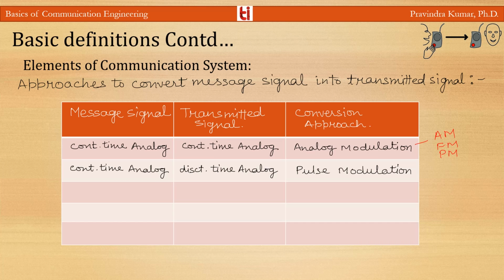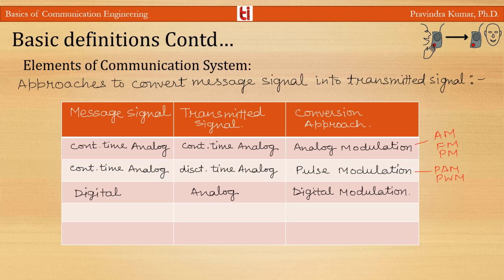Now, if the message signal is a continuous time analog signal and the transmitted signal is a discrete time analog signal, here the signal is discrete in time but still continuous in amplitude, and this type of conversion is known as pulse modulation, like pulse amplitude modulation and pulse width modulation (PWM).